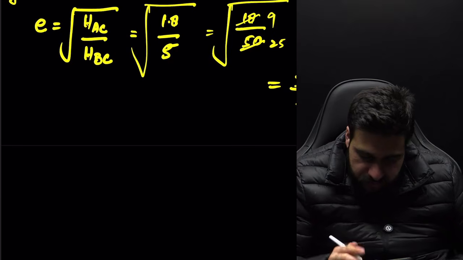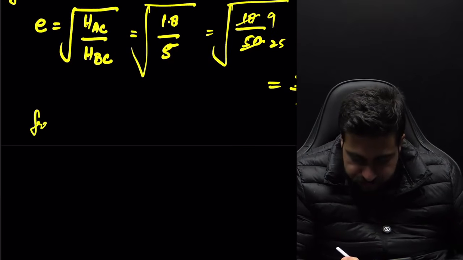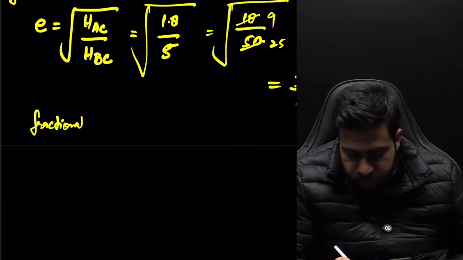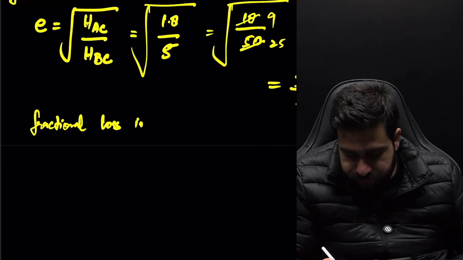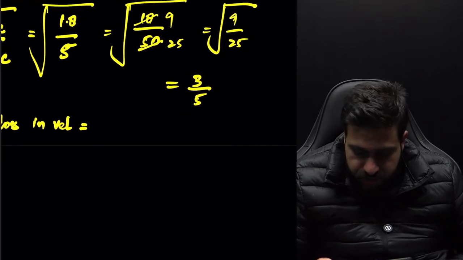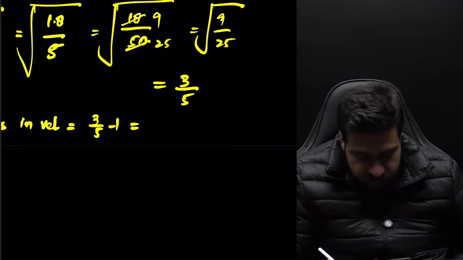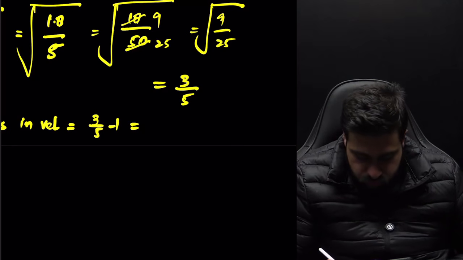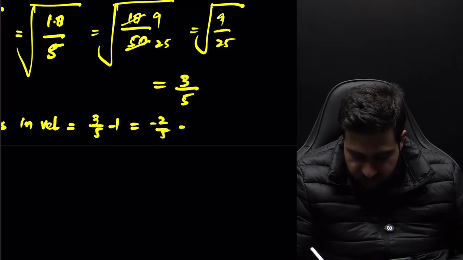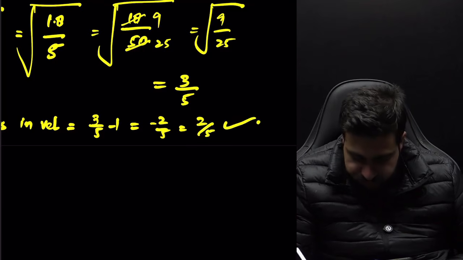This is the value of e. So fractional loss in velocity is e minus 1, that is 3 by 5 minus 1, which is minus 2 by 5, or we say 2 by 5.